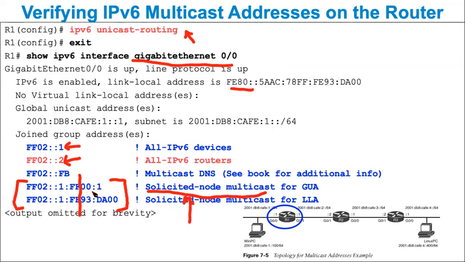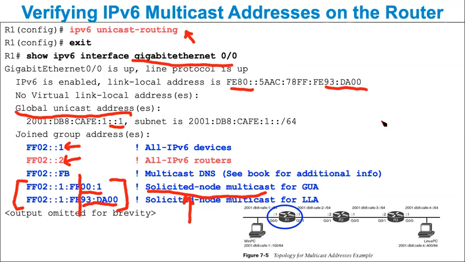Okay, what about this last part? Do you notice any association to other addresses? Notice that this 00:1 has to do with this global unicast address. Notice that 93:DA00 has to do with this 93:DA0.